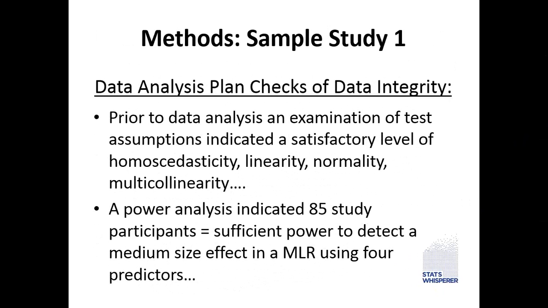So our power analysis indicated 85 study participants gave us sufficient power to detect a medium effect size in a multiple linear regression using 4 predictors, right? Pretty straightforward stuff, but it tells you a great deal about the study and really how solid all our methods and checks are, right? It's essentially our way of saying we did as much as we could do to make sure the findings were valid and checked.